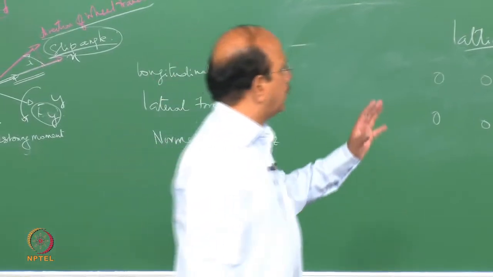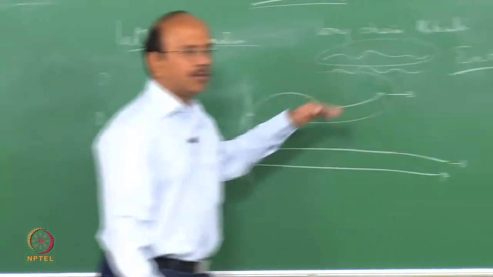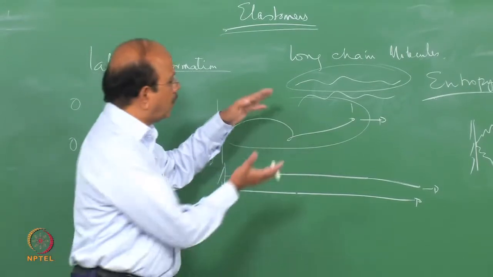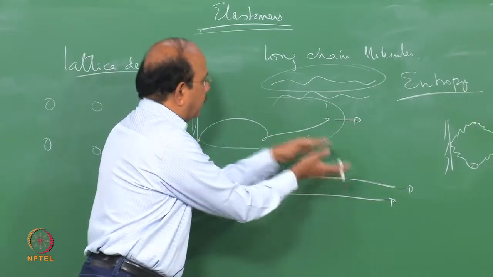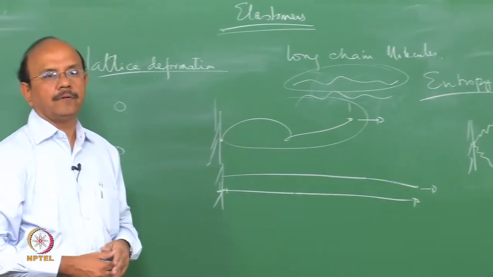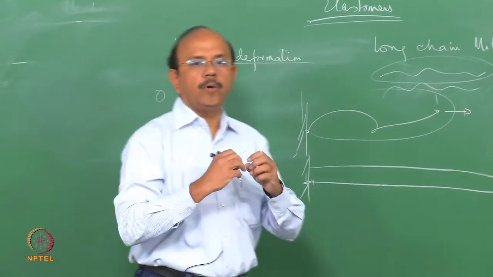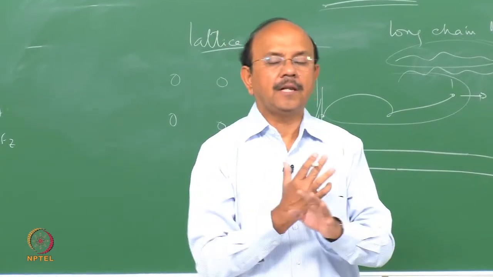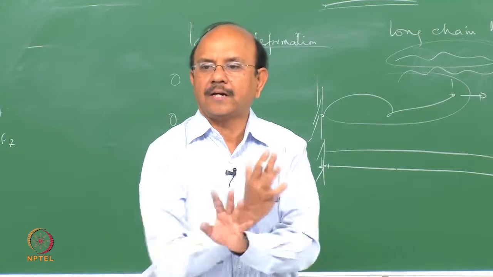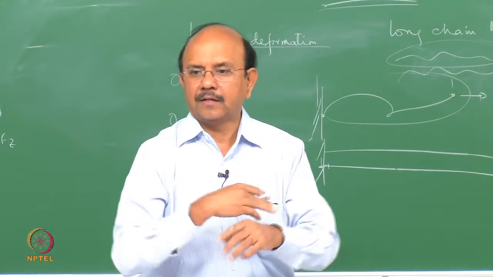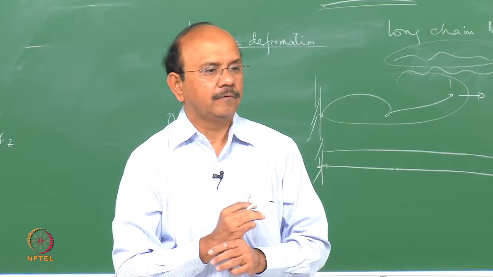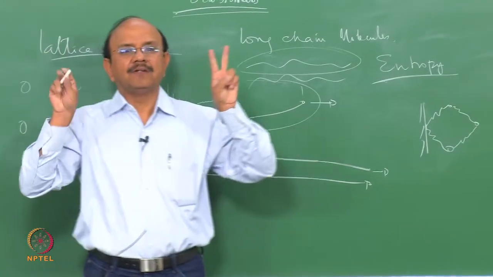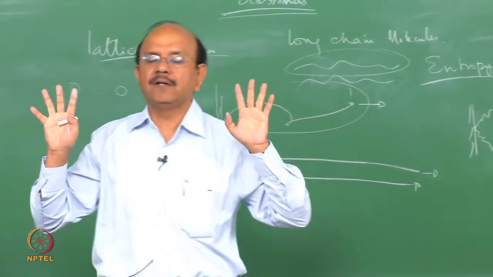Don't forget that there are long chain molecules, though they are bonded. They are not arranged happily like that. So when they are pulled, these long chain molecules start interacting with one another or with itself and so on. In other words, the long chain molecules have some sort of a friction.